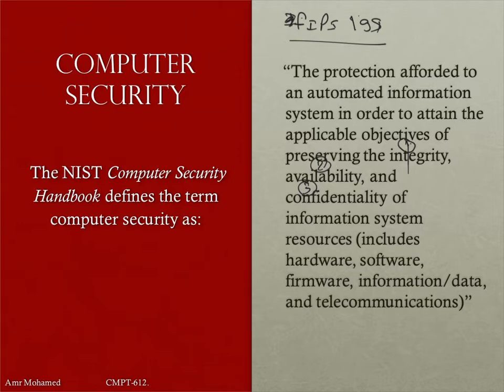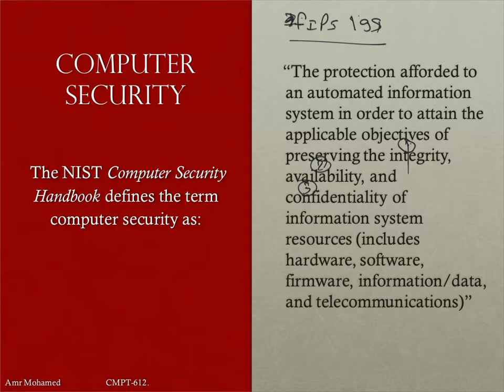So they develop many standards. They provide documents that detail many security mechanisms and services and so on and so forth. But this document in particular was a fundamental document that lays out some basic definitions, and of course it has some other things which we will cover as we go through.